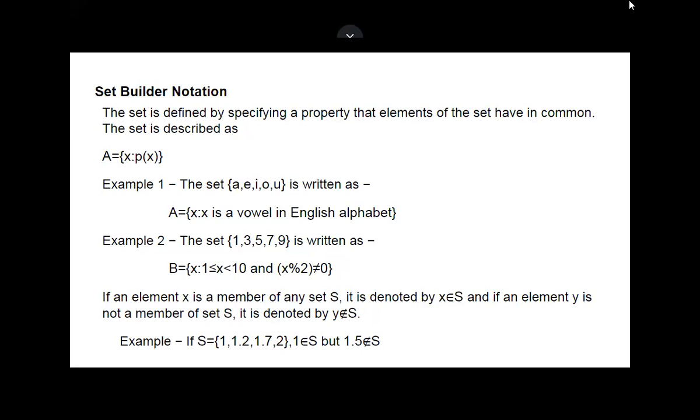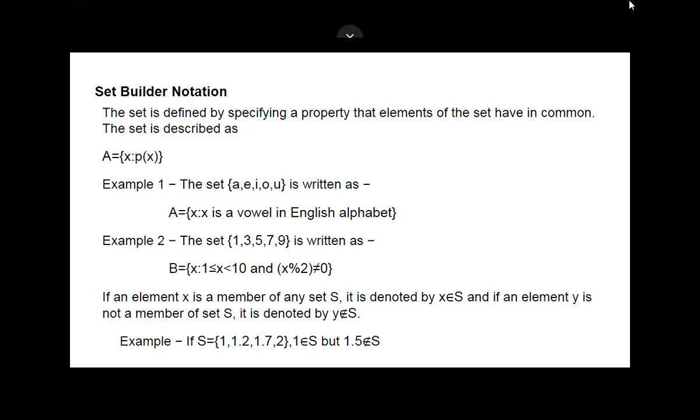And what is the second condition? x mod 2 is not equal to 0. If x mod 2 is equal to 0, then that number is an even number. But when x mod 2 is not equal to 0, the number is odd.